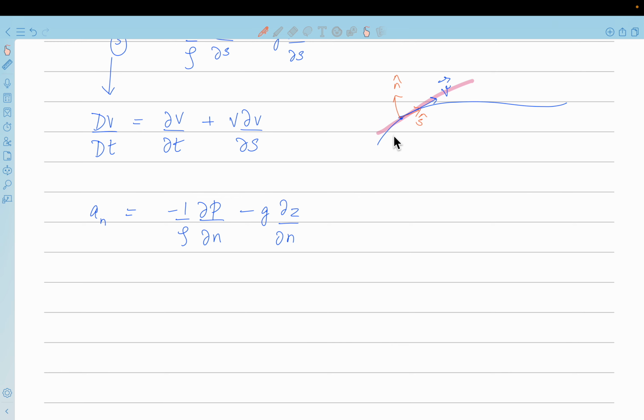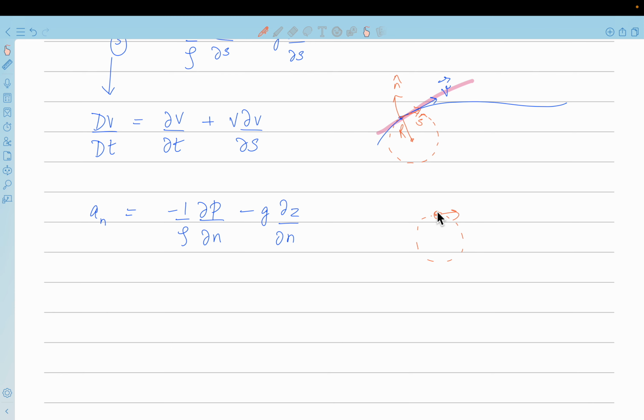So if you see, you can draw an instantaneous circle over here, okay? And let's say its radius is r. You must have studied in your elementary courses that if there is a particle moving in a circle, it will experience a centrifugal force, right?